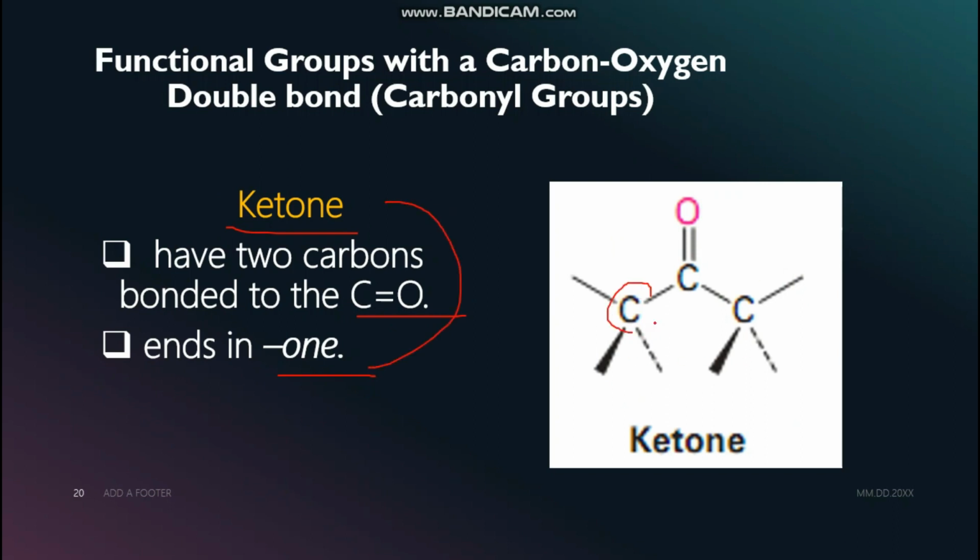So as you can see, there's two carbons bonded to the carbonyl group. So the name of this one is, 1, 2, 3, propanone because it has three carbons. So propanone or commonly known as acetone.